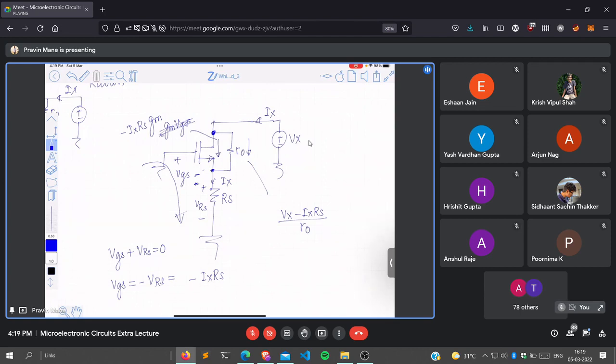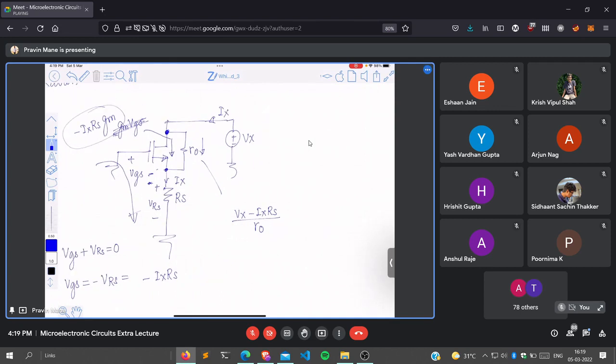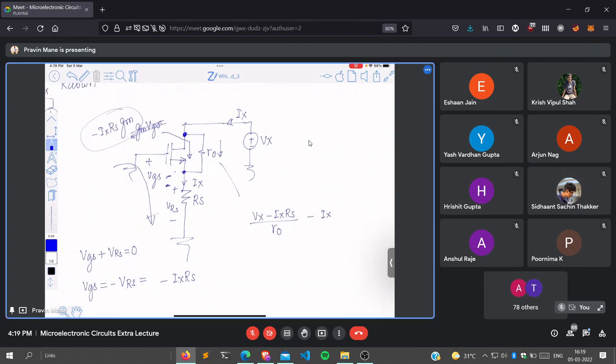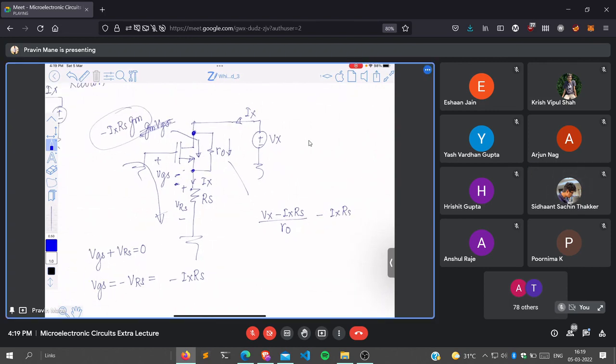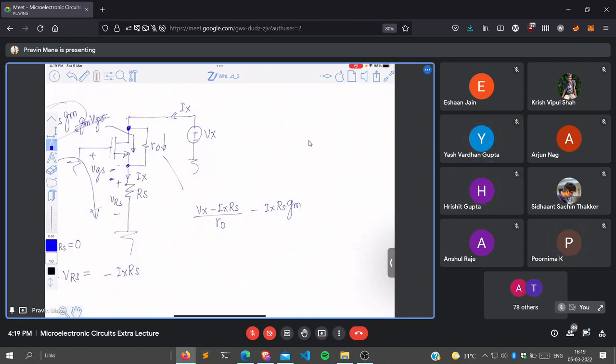And what is the current flowing through the MOSFET? You already calculated this. It is minus Ix RS gm, right? What should be the addition of these two currents? It should be equal to Ix.